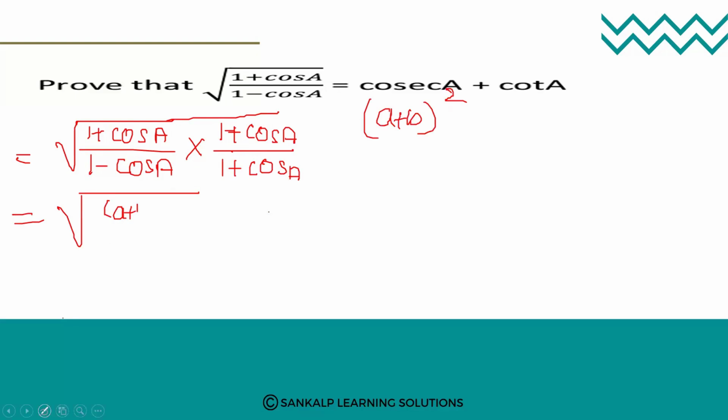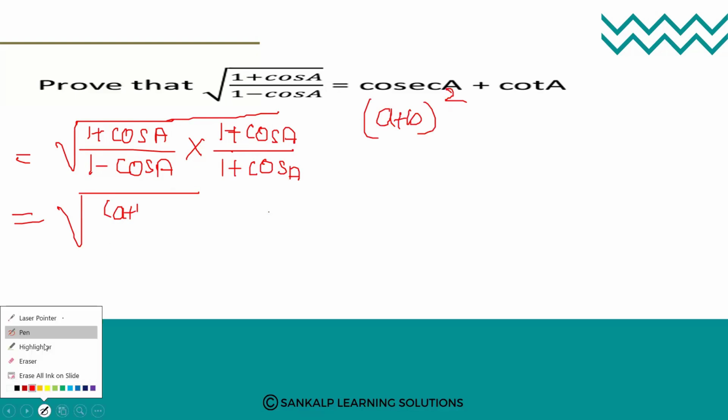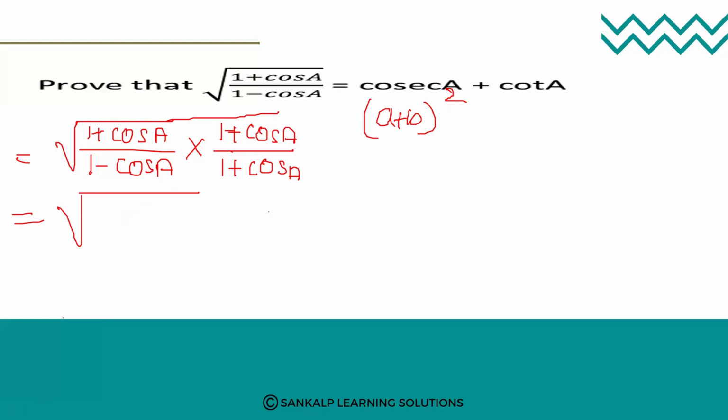A is 1 and B is cos A, whole square, divided by 1 minus cos A into 1 plus cos A. It is A minus B into A plus B. What will you get? A square minus B square.